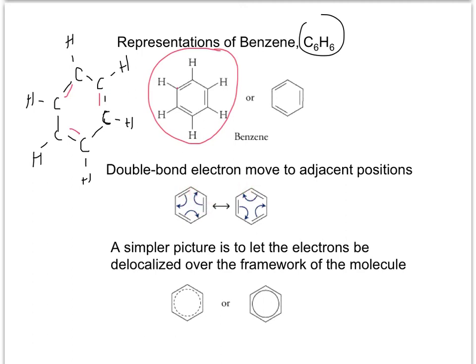In one instant you have alternating single and double bonds as shown here, and then in the next instant the electrons have moved, and now you still have alternating single and double bonds, but the double bonds are on the opposite positions. So that's how we think about benzene, this kind of back and forth between the two structures.